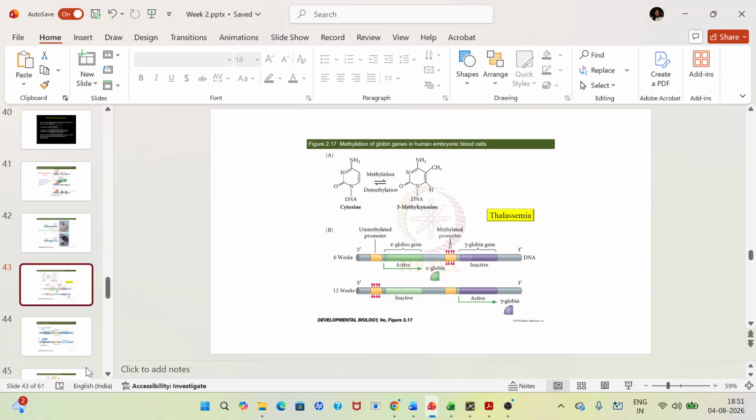So that is how the different chains of globin molecule in humans is decided. Obviously, because the fetal blood is different from an adult human blood because of a single chain difference in the globin molecule. So the different kinds of globin molecule chains are regulated by the methylation of the promoters of that particular gene.